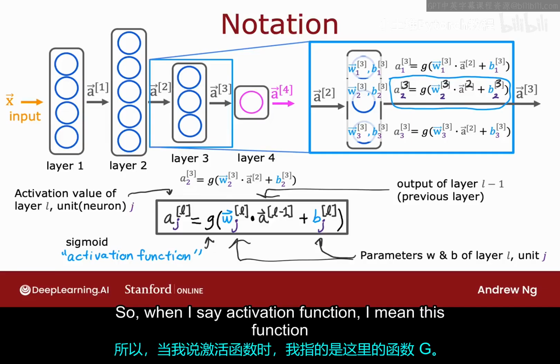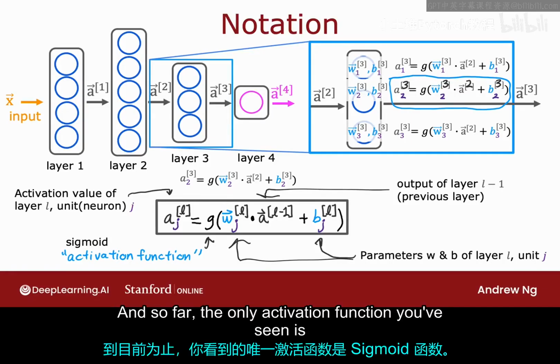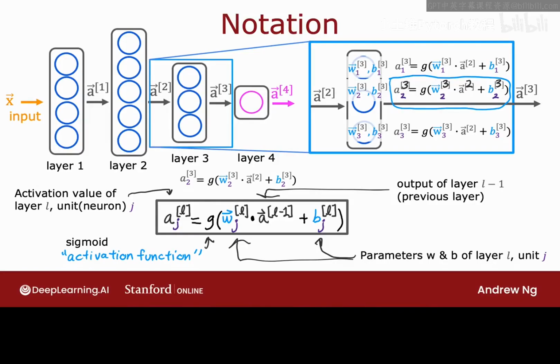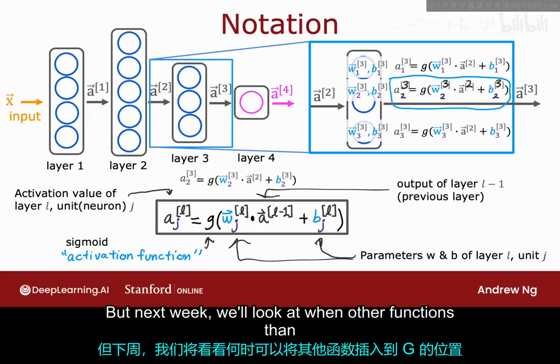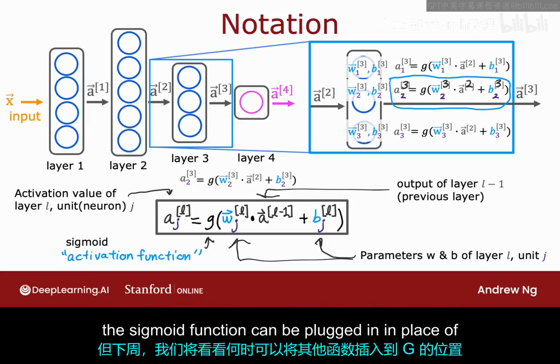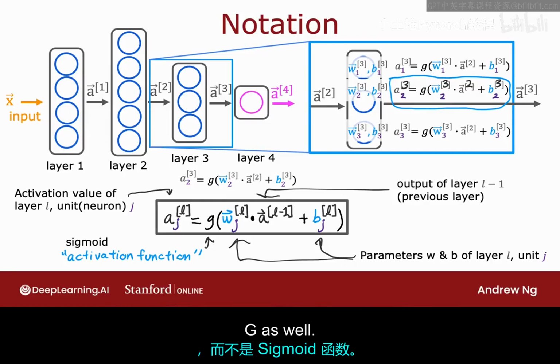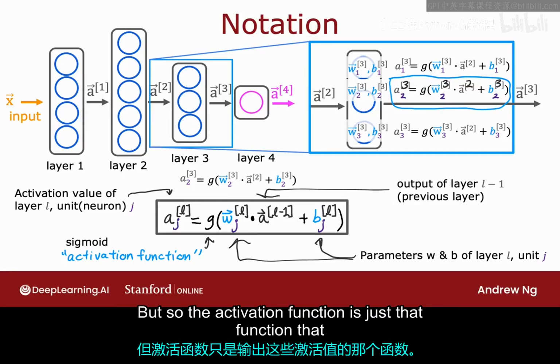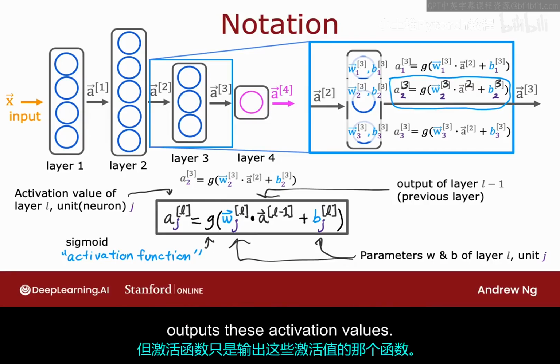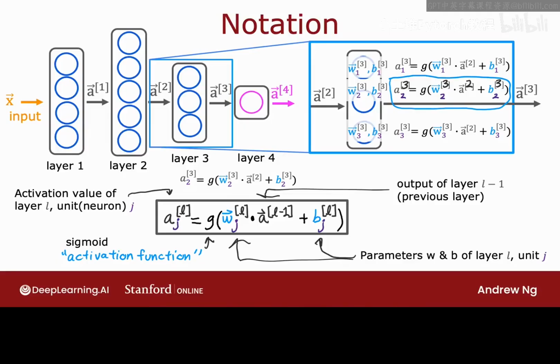So when I say activation function, I mean this function g here. And so far, the only activation function you've seen is the sigmoid function. But next week, we'll look at when other functions than the sigmoid function can be plugged in place of g as well. But so the activation function is just that function that outputs these activation values.